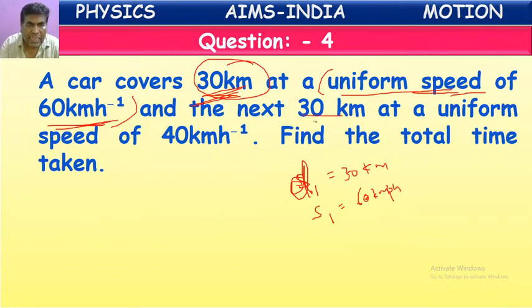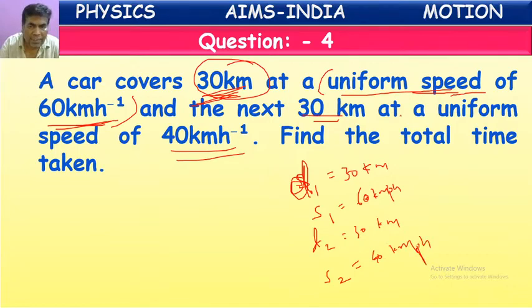Next 30 kilometer means second distance D2 is 30 kilometer. What is the second speed? S2 is 40 kmph. Now what are they asking?